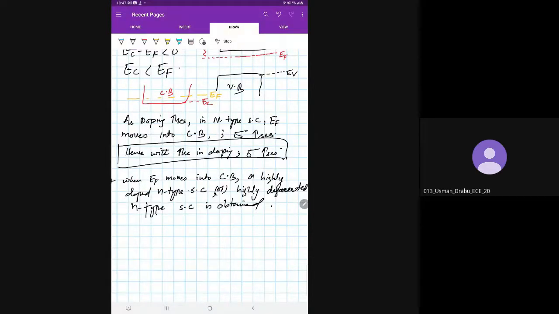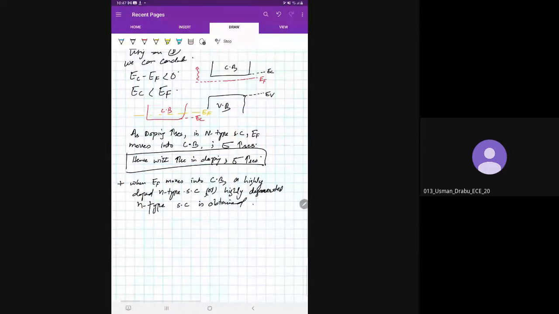Okay, it is obtained. So then we can say that sometimes it is asked in the question: in a highly degenerated n-type semiconductor, the Fermi energy exists in. So the options might be given like in between EC and EV, near EC, just below EC, just above EV, or inside the conduction band.